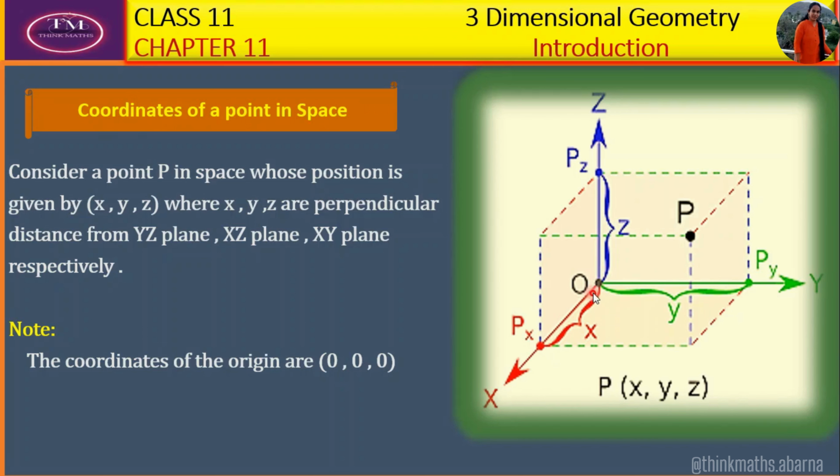This distance will give you the value of x, the distance in green will give the value of y, and the distance in blue will give the value of z. So P is denoted by P of x, y, z. This is a point in space. Its position is given by x, y, z.